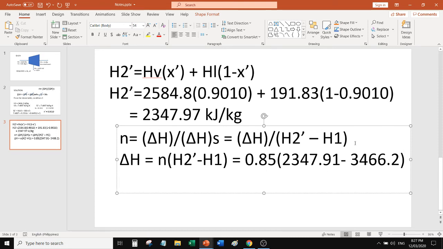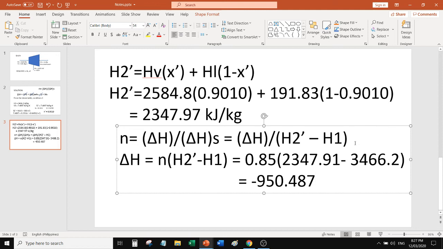Ang masosolve mo dyan ay negative 950.487. Tama ba na negative siya?